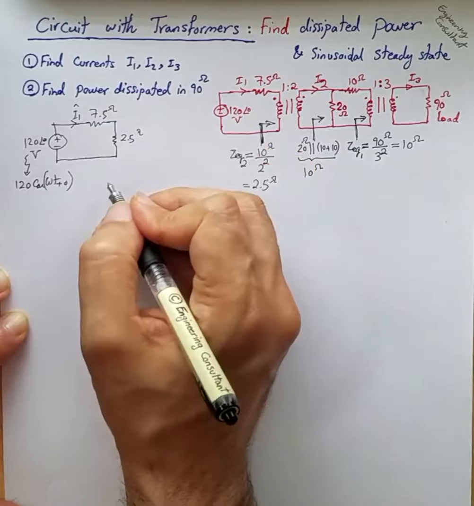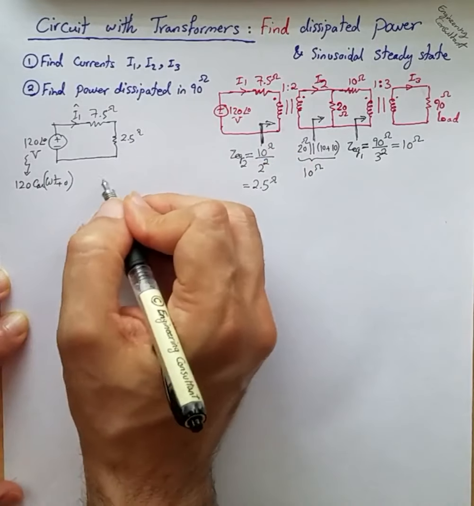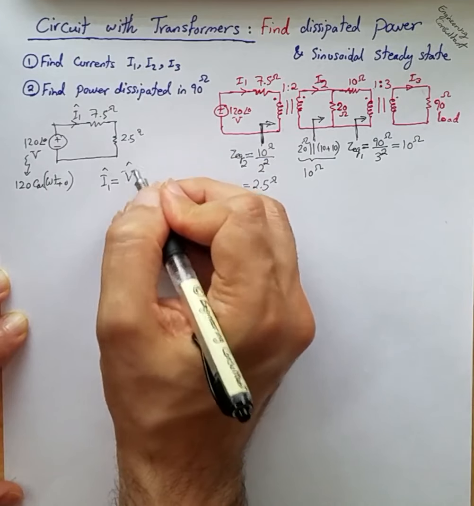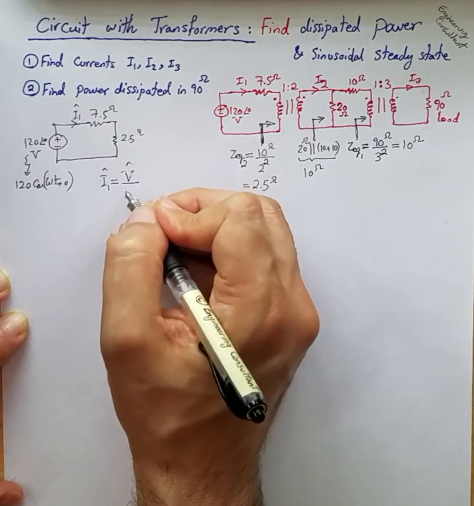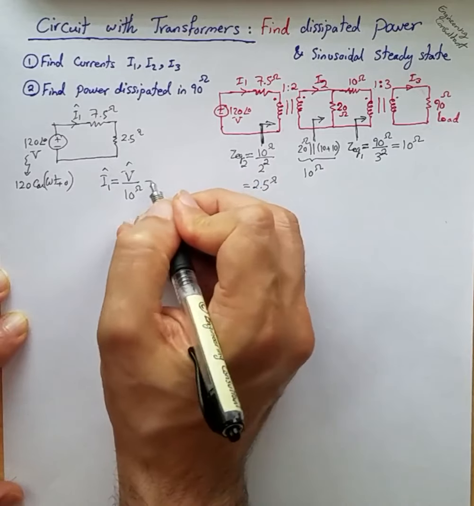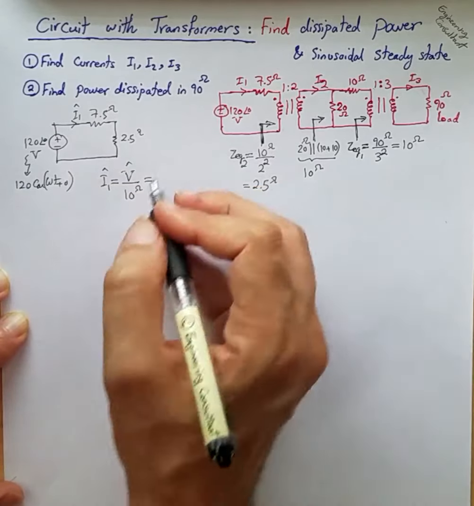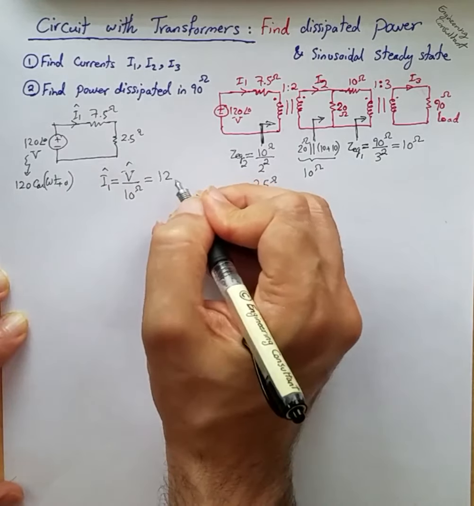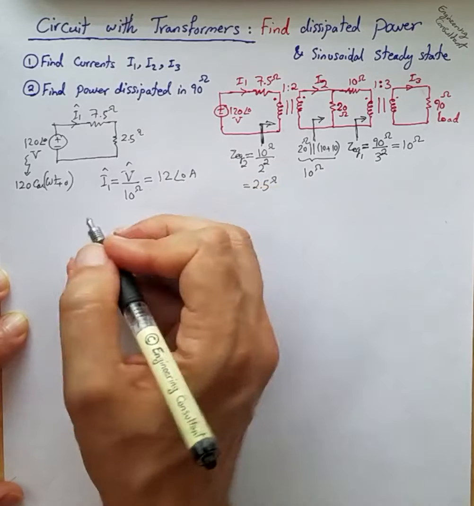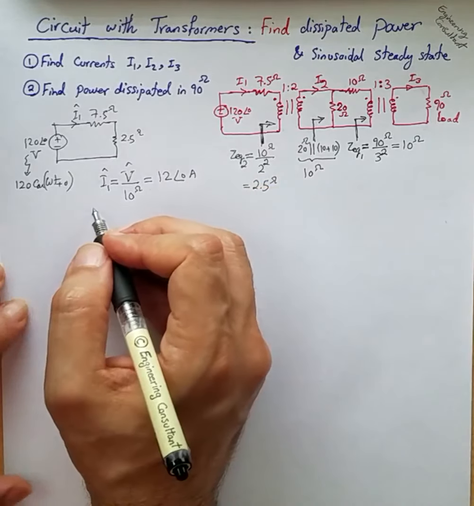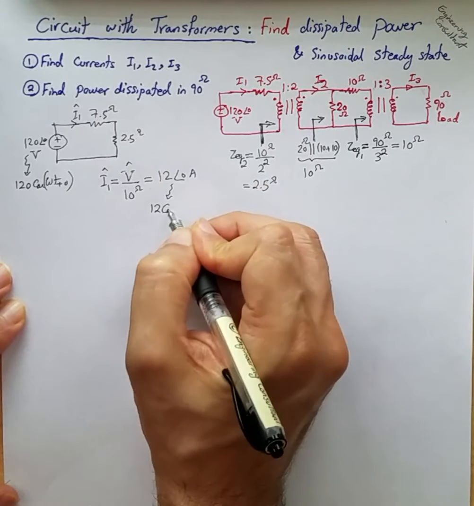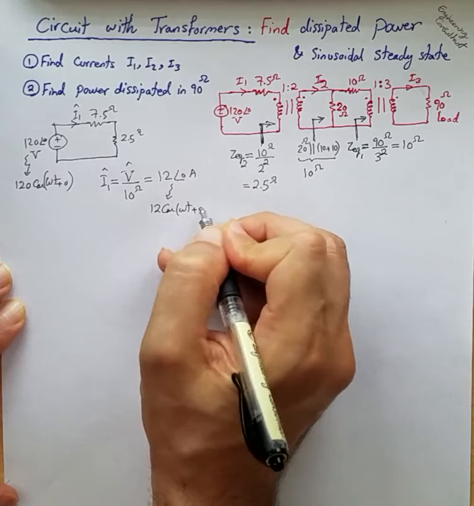Now things are straightforward because I1 phasor is just the applied input voltage phasor divided by the total impedance, which is 10 ohm. So 120 divided by 10 is 12 phase 0 amp. That is I1, which means the current is 12 cosine omega t amp.